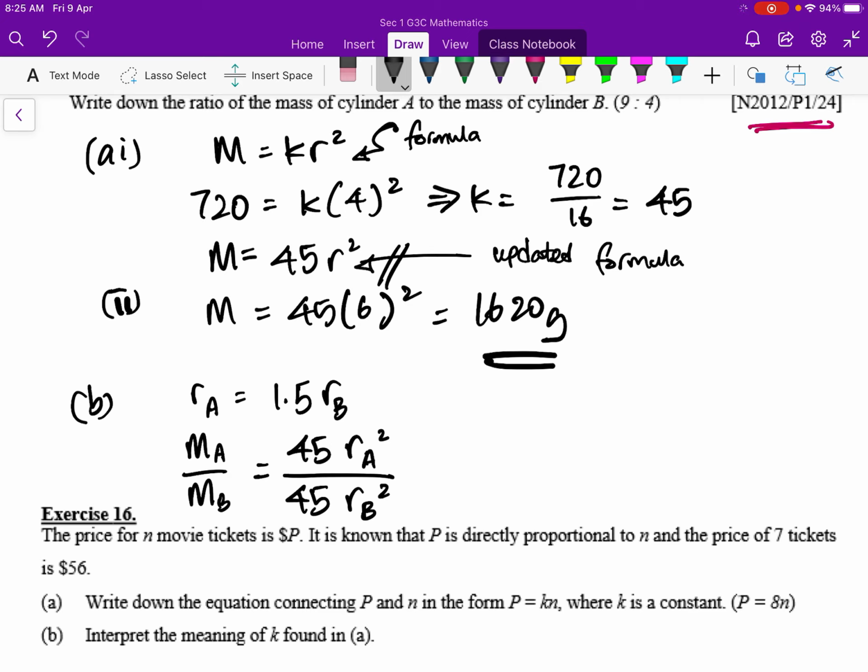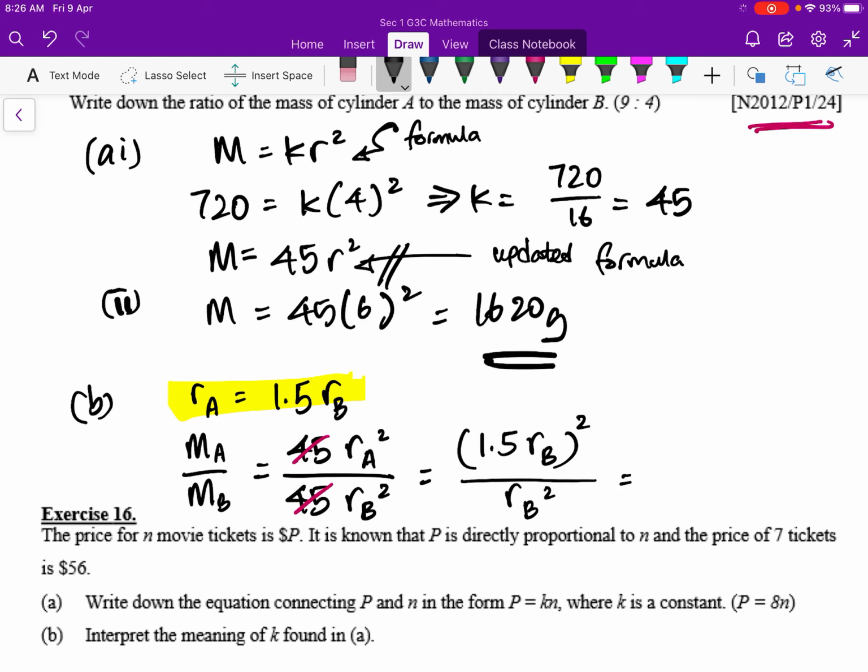Then you're stuck. Okay, not exactly stuck. 45 can cancel. RA squared over RB squared. I don't even know what RA squared and RB squared are. How to do? Then don't panic. Remember what we just talked about, the relationship between RA and RB. Every time you see the RA, you change it to 1.5 RB. So RA is 1.5 RB, and you square the entire numerator, divided by RB squared.